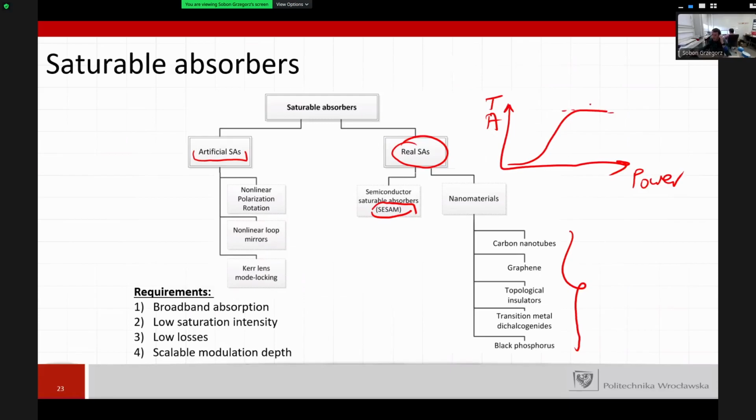So at high powers, the optical materials will start to behave in a nonlinear way, and we can exploit these nonlinearities to obtain this behavior of a saturable absorber. We distinguish several types like nonlinear polarization rotation, nonlinear loop mirror, or so-called Kerr lens mode locking.